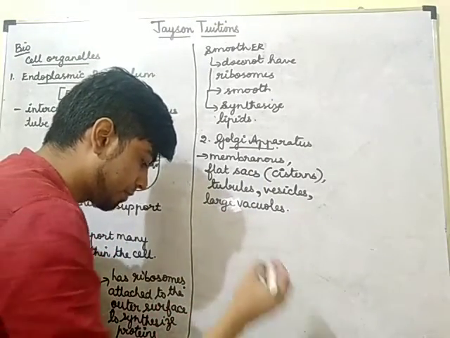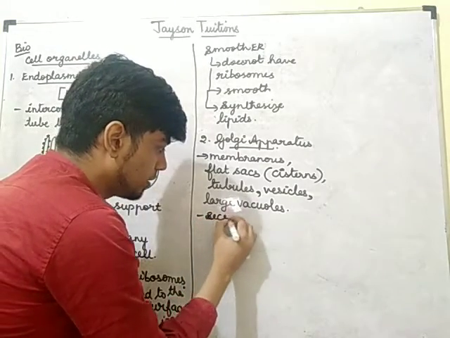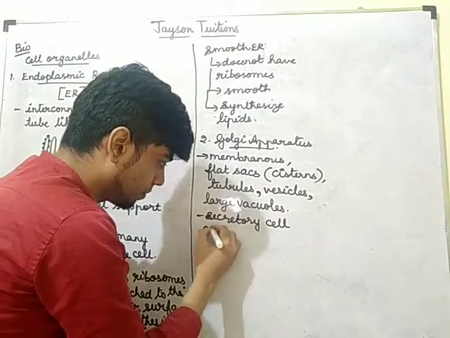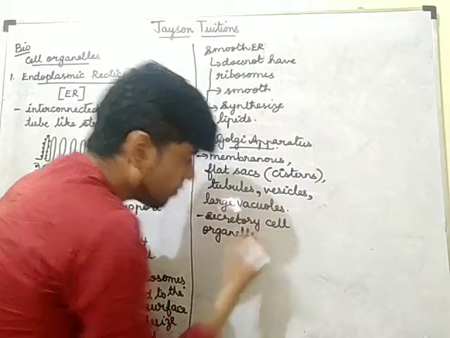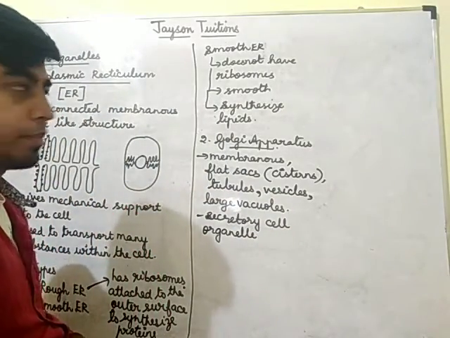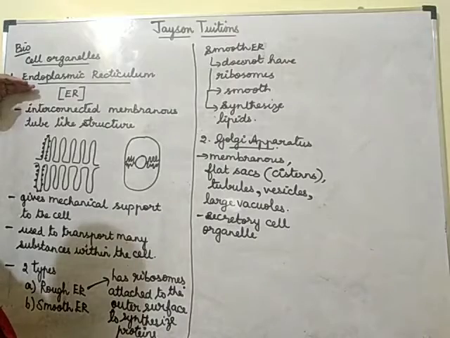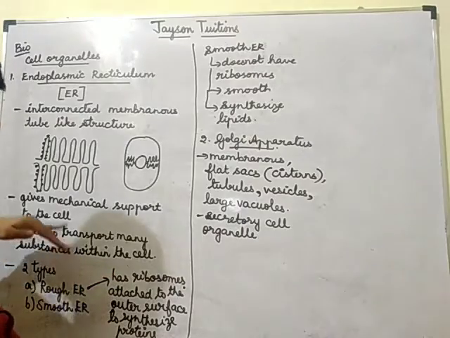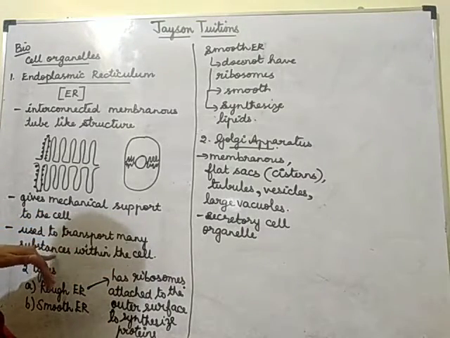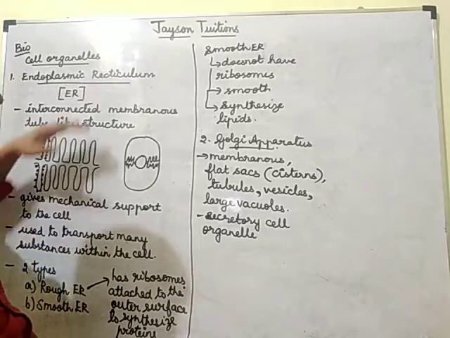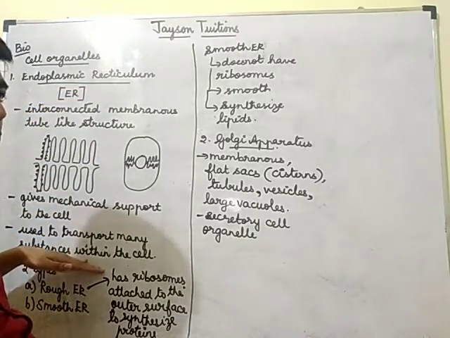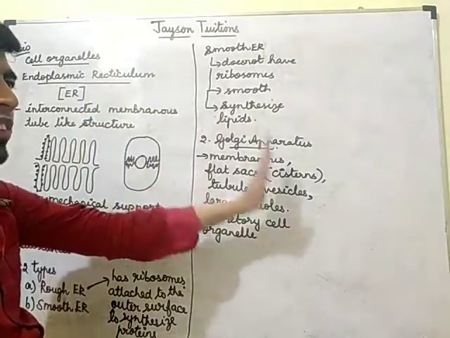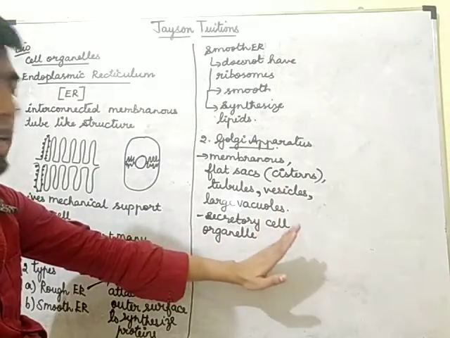And they are secretory cell organelles. First, the endoplasmic reticulum is a very important cell organelle because it is used to transport many substances. Next to the endoplasmic reticulum, the most important is this Golgi apparatus.